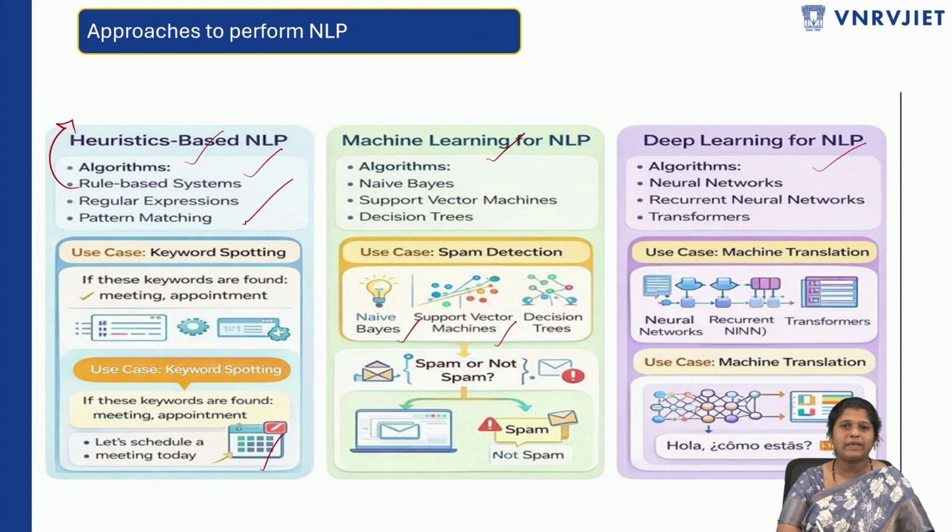Next we have support vector machines, and next the decision trees. Next is the deep learning approach, where we have a more in-depth analysis using neural networks. We have recurrent neural networks, convolutional networks. Next we have transformers, with automatic word embeddings, where we use all these approaches to do our analysis.